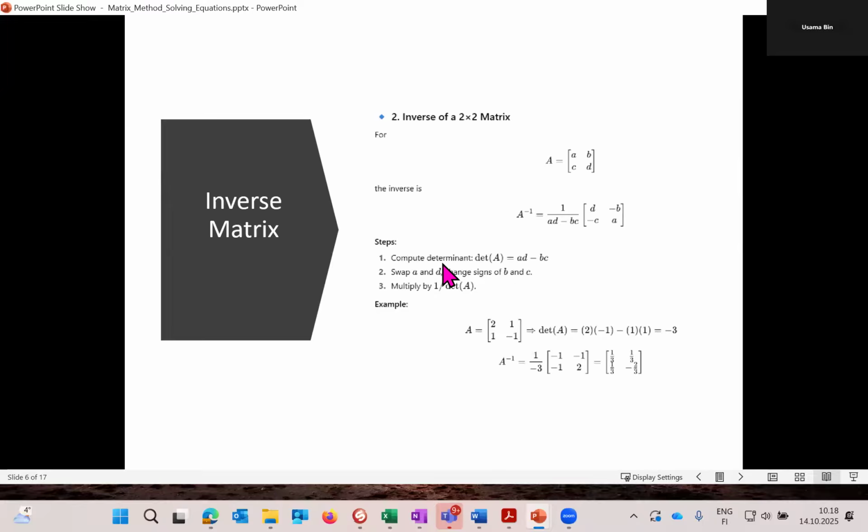So we would first have to compute the determinant. Definitely this one is in your technical formulas as well, and you can easily find it. And then we would need to do something here, swap and change signs and multiply, and learn all sorts of tricks.